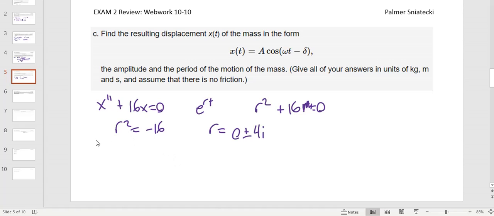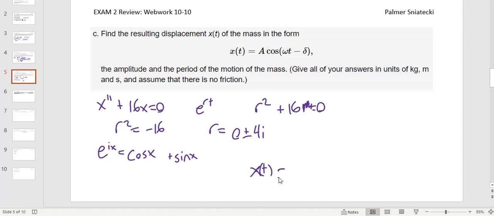And with Euler's formula, we've got e raised to ix is equal to cosine x plus i sine x.